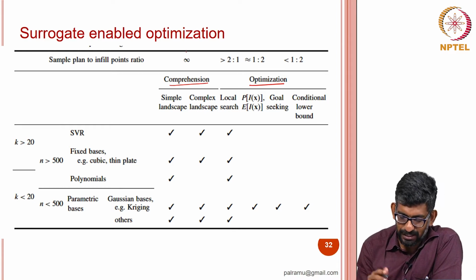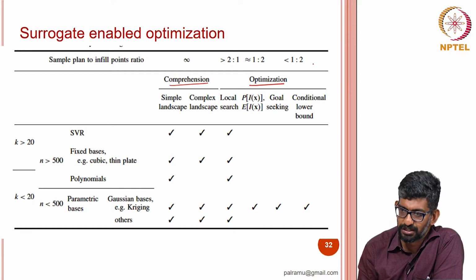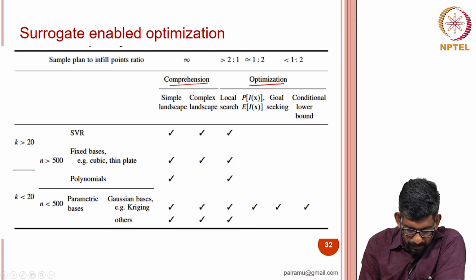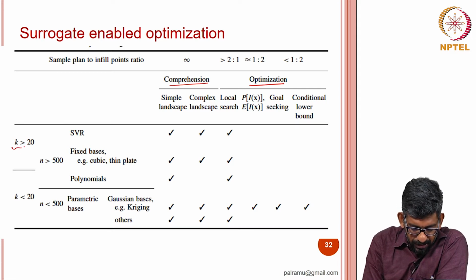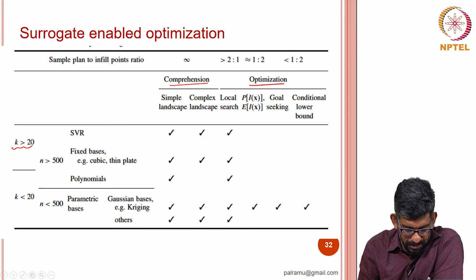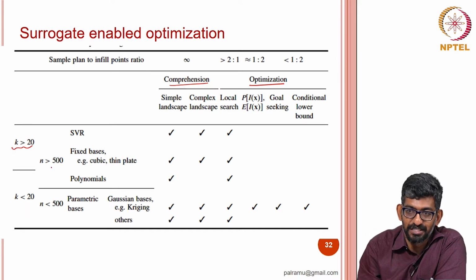In this particular case, it is infinite, and then greater than 2:1 or above, roughly about 1:2, or less than 1:2. Here k is the number of dimensions, greater than 20 in one case and less than 20 in the other, and n is the number of sample points.